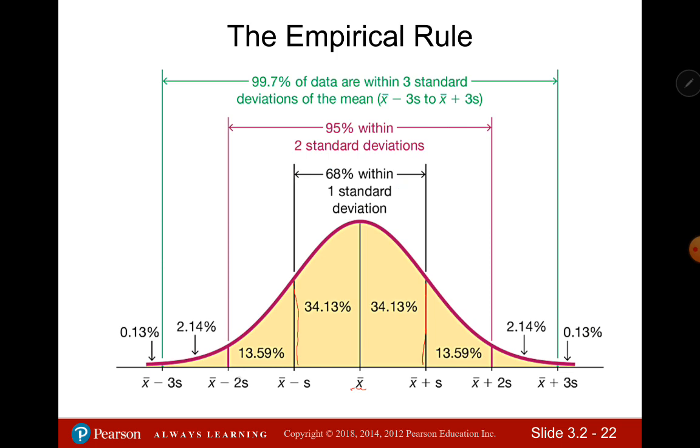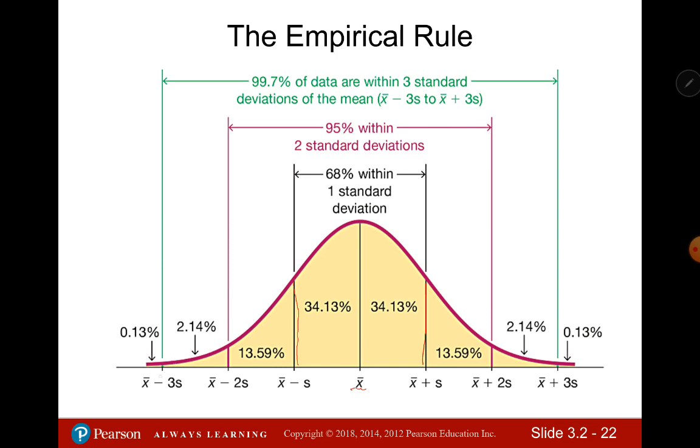Let's check two standard deviations away from the mean. That's from x bar minus 2s to x bar plus 2s. In this bigger range, we will have 95% of the data.